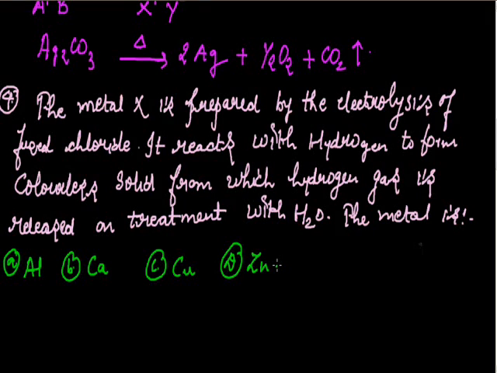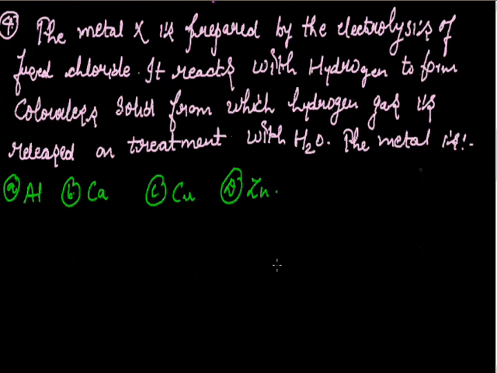Now, out of these four options, the metal X is prepared by the electrolysis of the fused chloride, and it reacts with hydrogen to form a colorless solid from which hydrogen gas is released on treatment with water. Firstly, we have to focus on which metals can be obtained with the help of the electrolytic method.